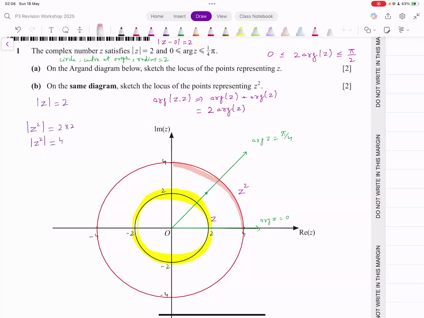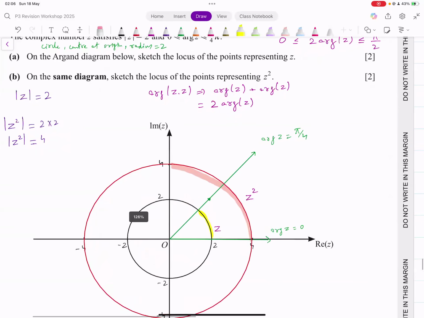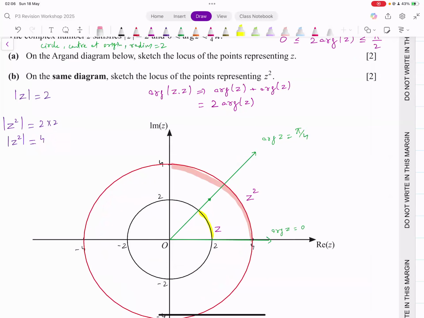Now, what's the region that satisfies both of those conditions? You have to be on the circumference of the circle, and the argument has to be between 0 and pi over 4. That's this yellow region here. That's what satisfies both of those conditions. This is what represents z.